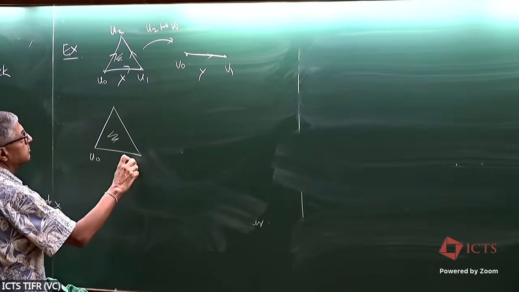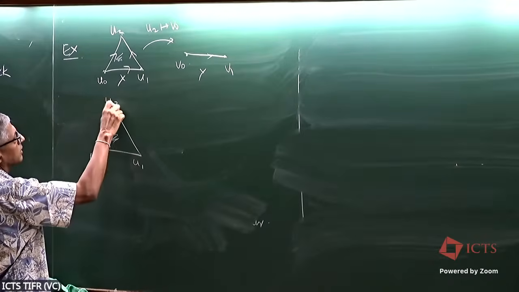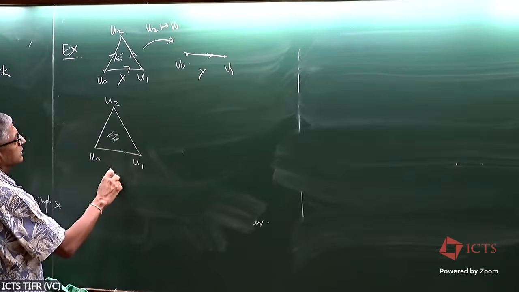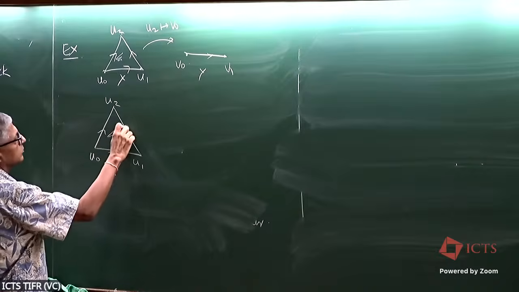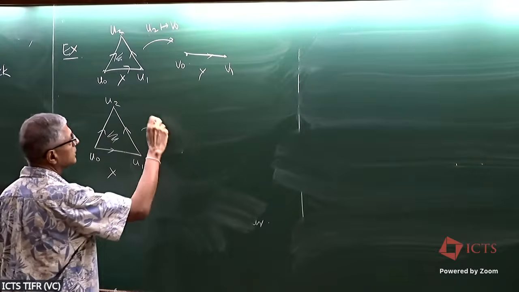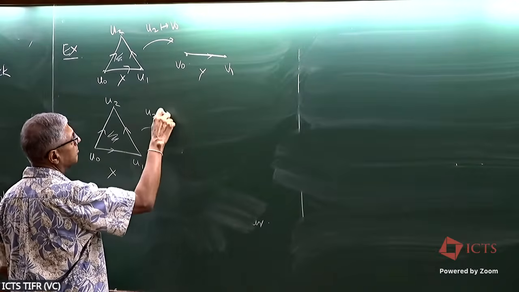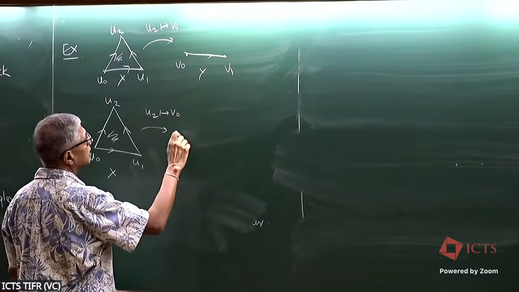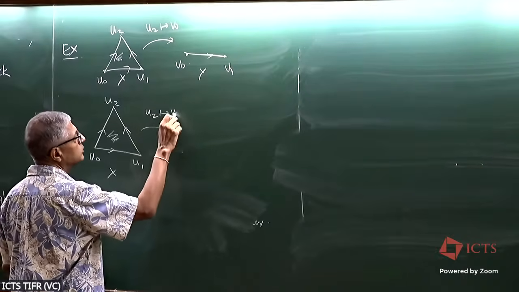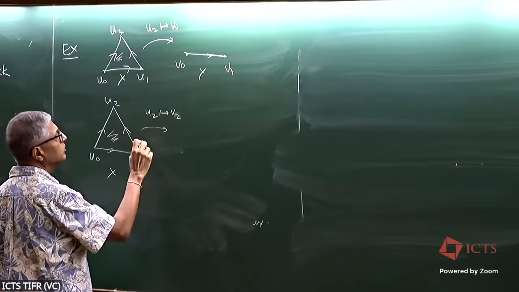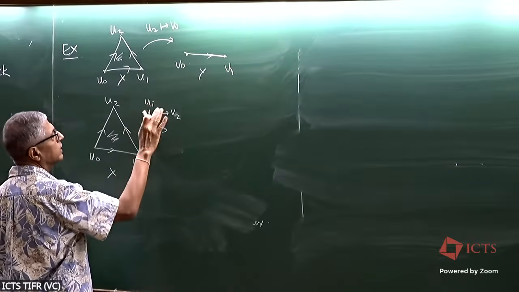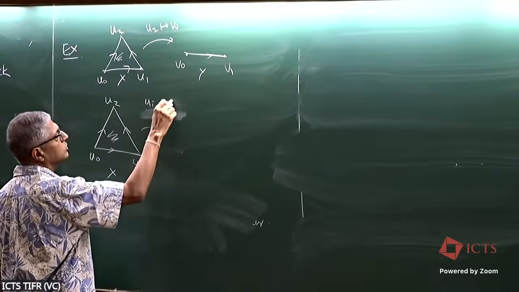Here's another one, which is not. Same X, and let's use the identity map. So now even U2 goes to V2, in fact, let's just write it as Ui goes to Vi.